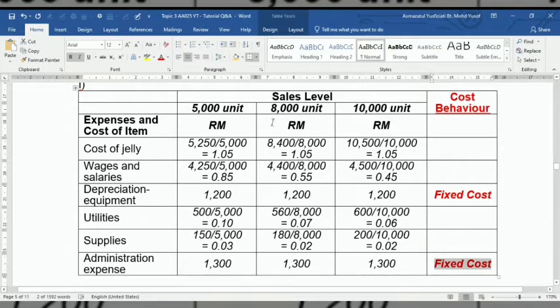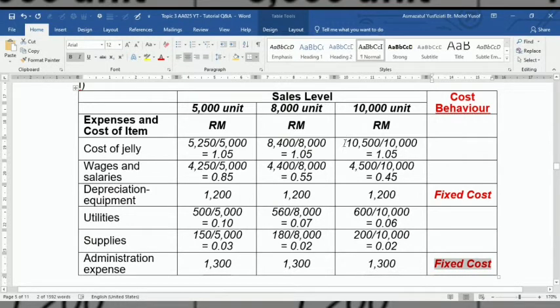cents. Okay, at 8,000 unit, okay, to calculate the cost per unit, okay, cost divided by unit. So, the cost is 8,400 divided by 8,000 equals to 1 ringgit and 5 cents. Same goes to 10,000 unit.